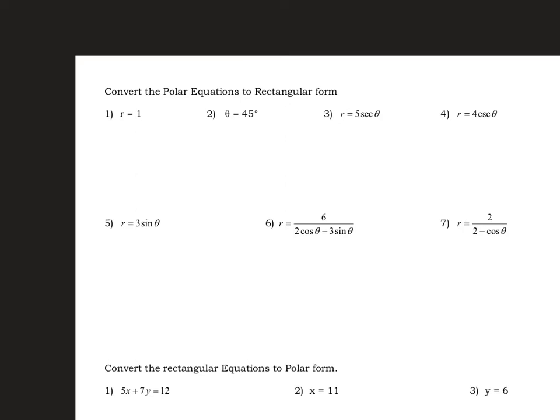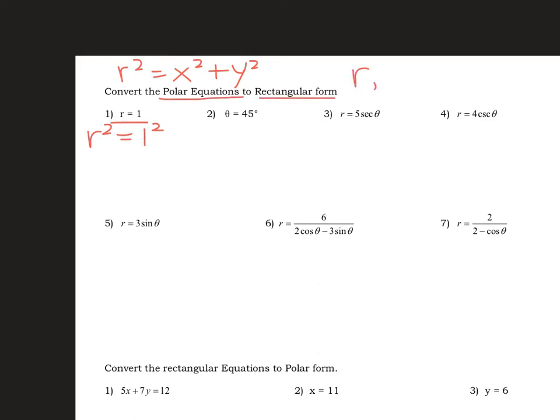So here we go. R equals 1. Now, we don't like R. R is bad. We like R squared. So what I'm going to do is I'm going to square both of these sides. And I get R squared equals 1. Now, remember, R squared is x squared plus y squared because of the Pythagorean theorem. What I'm trying to do is get this polar equation to rectangular form.